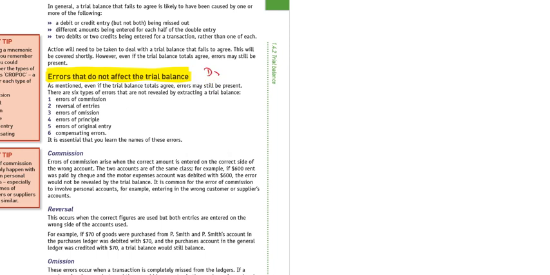In this scenario, the debit side is equal to the credit side, and it will always be equal. There is a chance that these 6 types of error exist secretly in the trial balance. Number one is error of commission, reversal, error of omission, error of principle, error of original entry, and compensating error.